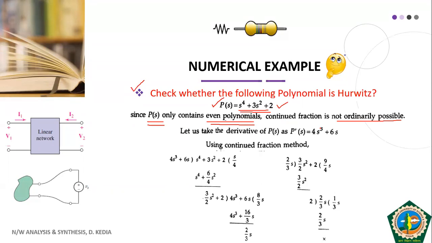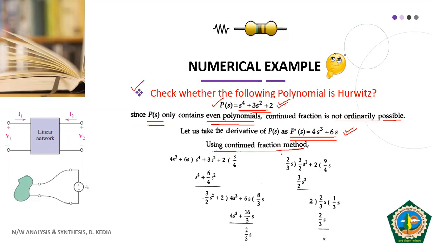So what to do here? We have PS, and we will also obtain the derivative of PS, that is P dash S. If you obtain its derivative, what will you get? You will get 4s cube plus 6s, and this 2 was a constant, so it has become 0. So now we have two polynomials. One is your derivative part and another is the original polynomial. With these two polynomials, we will try to find the continued fraction.